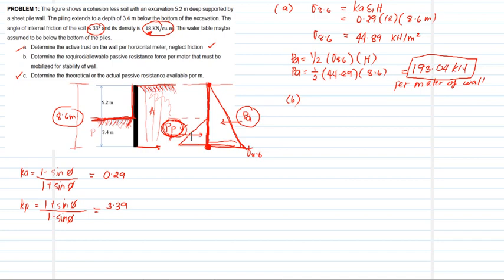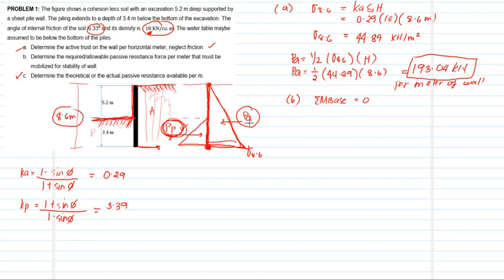So, kailangan nating yung moment ng passive and active is equal, is the same para mag-equal tayo sa 0 para stable lang ito, hindi mag-move yung ating wall. Okay? So for letter B, for the passive resistance that must be mobilized for stability of wall, magmo-moment tayo dito sa ating base. So moment at base is equal to 0.